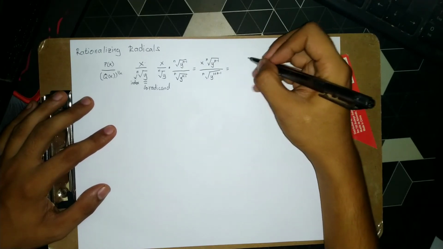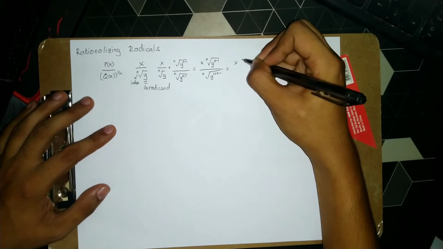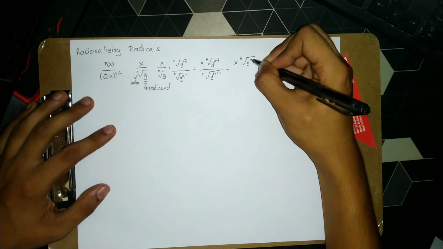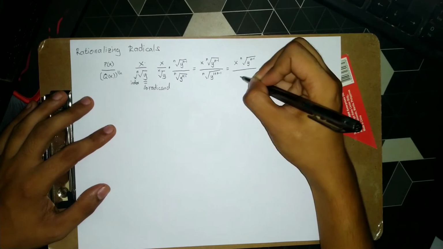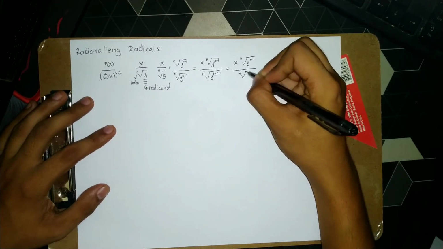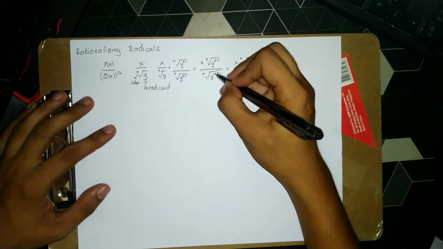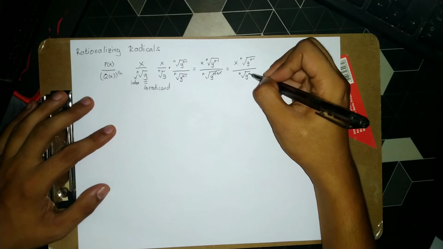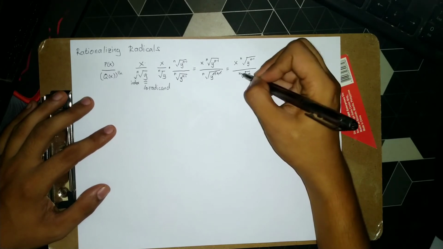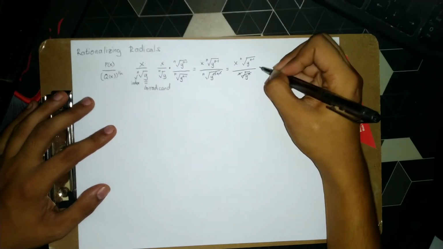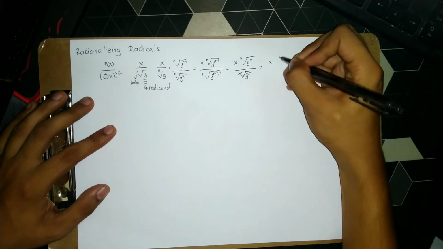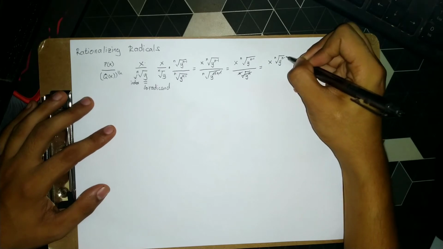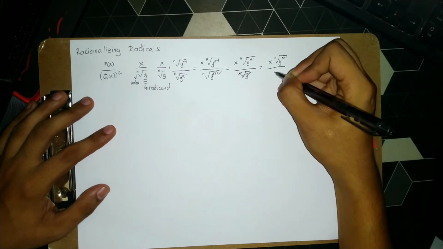This gives us further x, the nth root of y raised to n minus 1, all over the nth root of y raised to n. The nth root raised to n would simply cancel out. Final answer, x times the nth root of y raised to n minus 1, all over y.